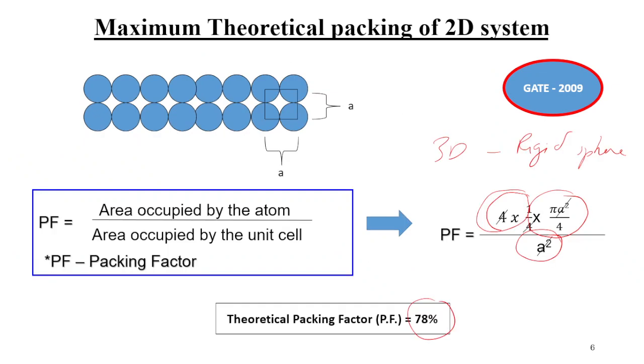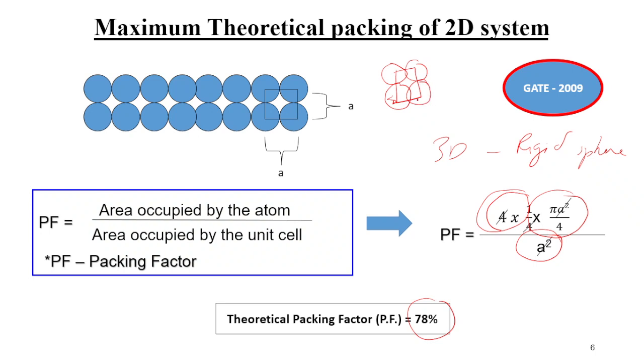What is 1 by 4? Consider this as your unit cell. We have a 2D unit cell over here, and we have 4 atoms, right?